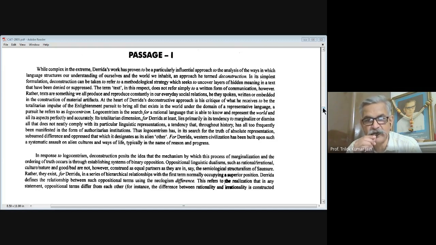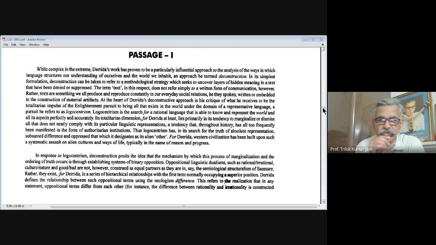For Derrida, Western civilization has been built upon such a systematic assault on alien cultures and ways of life, typically in the name of reason and progress. In response to logocentrism, deconstruction posits the idea that the mechanism by which the process of marginalization and the ordering of truth occurs is through establishing systems of binary opposition.